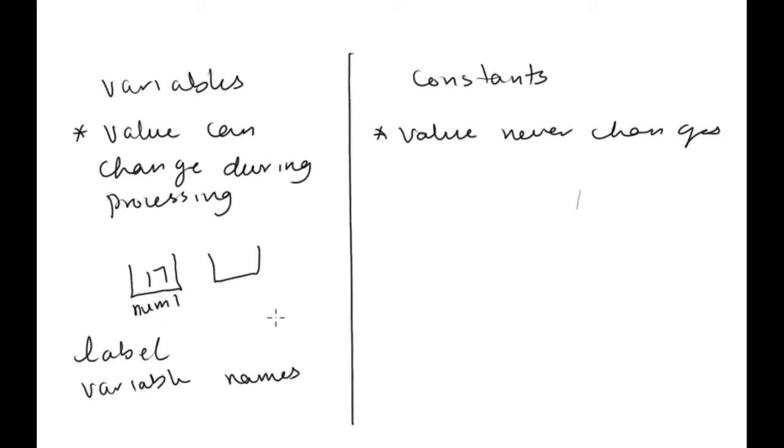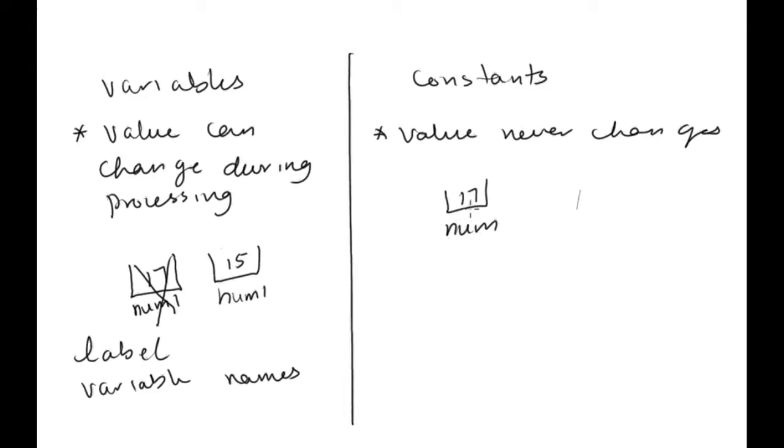So num1 would no longer be 17, but it is now 15. I can change it. However, with a constant on this side, it's different. I cannot change a constant and give it a new value. It is not possible. Alright?